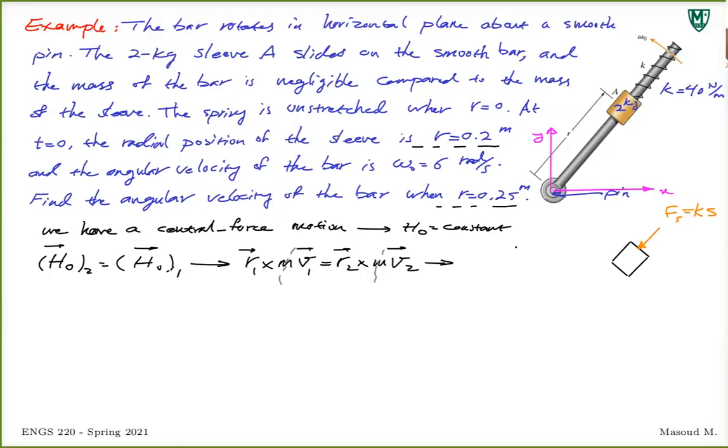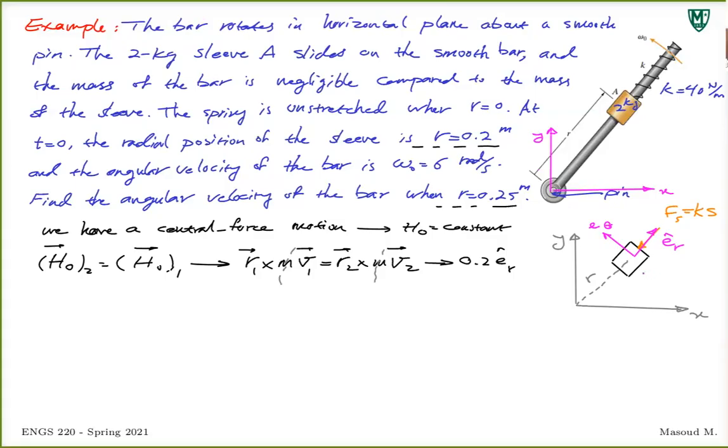So R1 is 0.2, right? Which means it's 0.2 ER cross. Let me put it here, to make sure that everyone follows. This is X and Y. This is X, this is Y, this is R. And as a result, you can do a little better, you have ER, E theta.